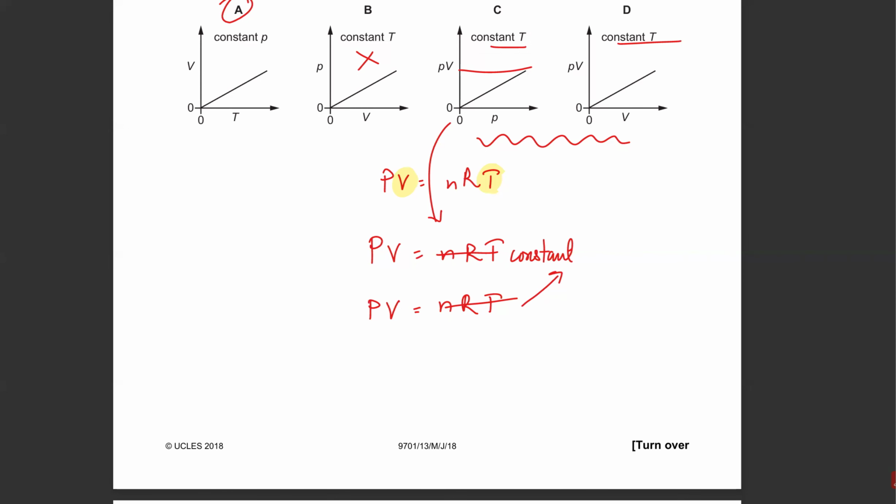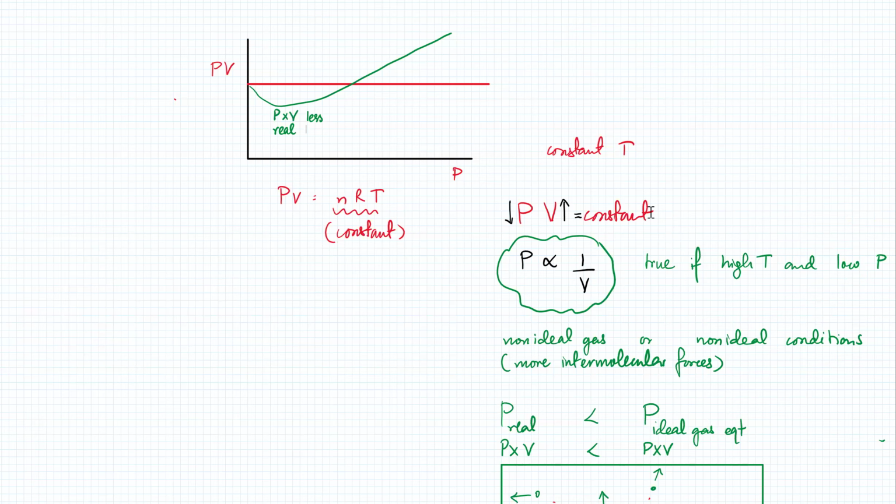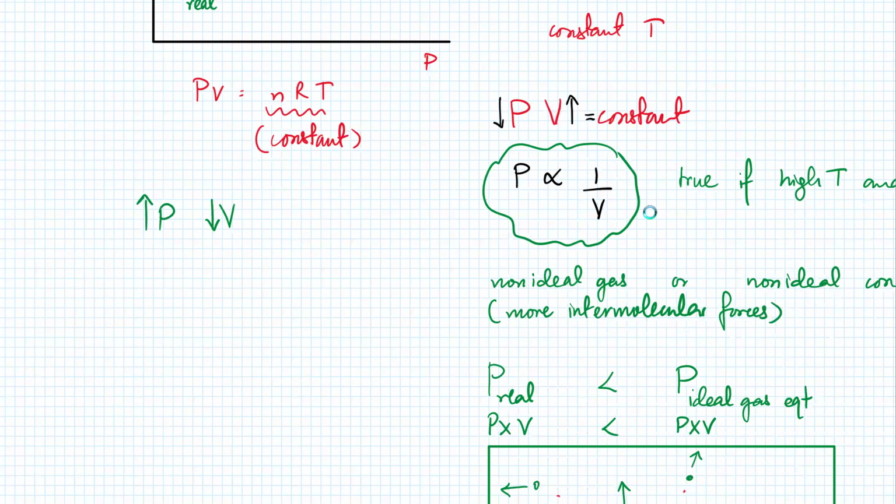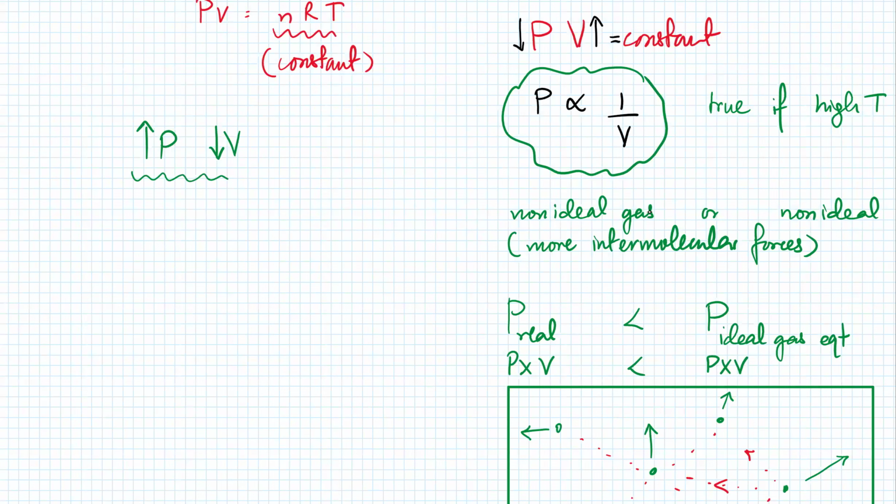This relationship says pressure increases, volume should decrease. But this relationship fails at very high pressures. You increase pressure, and the volume becomes constant. It does not decrease. The gas becomes incompressible.